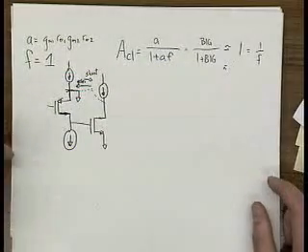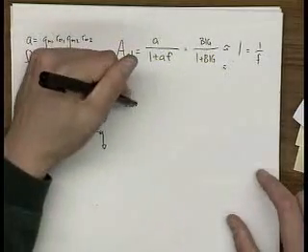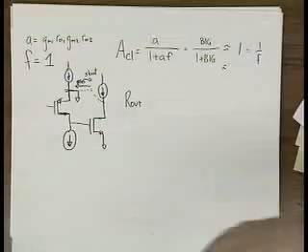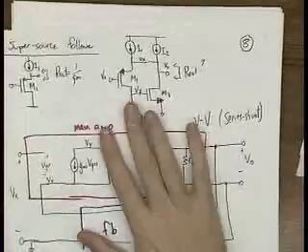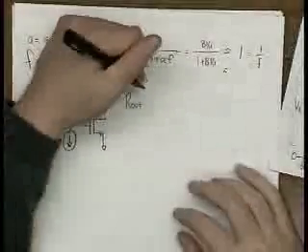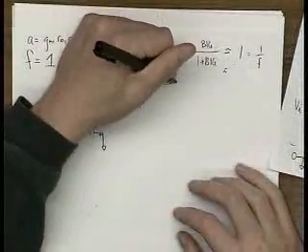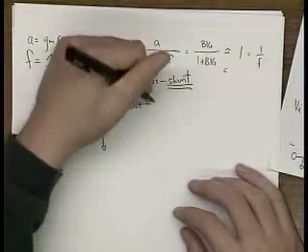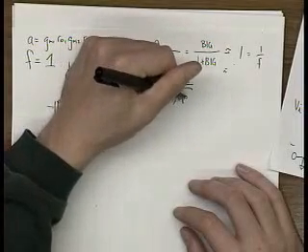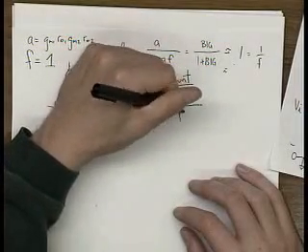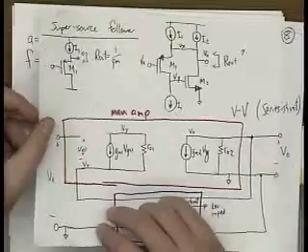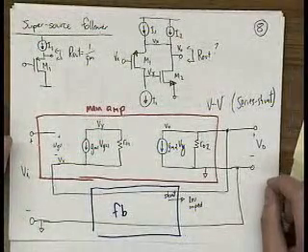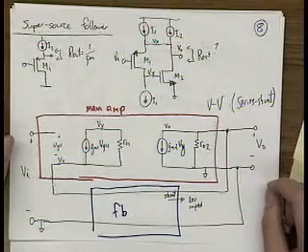Now let's figure out what R out is. We could go through the tedious step of injecting a test current and solving the small signal equations, but we've already done a lot of work here. And we know that this is a series shunt network. So R out prime is going to be equal to R out of the open loop divided by 1 plus T. What is R out of the open loop amplifier? No, just the output impedance.